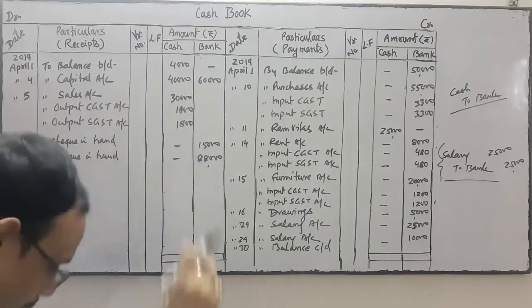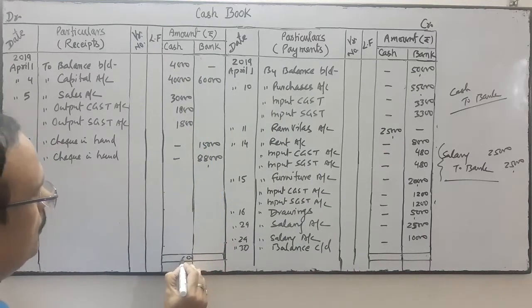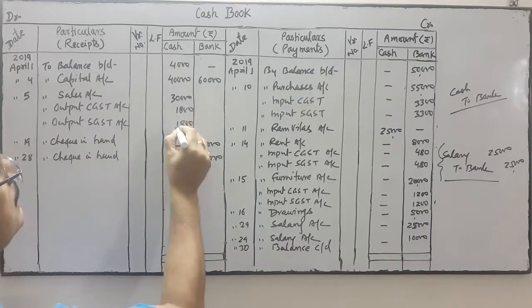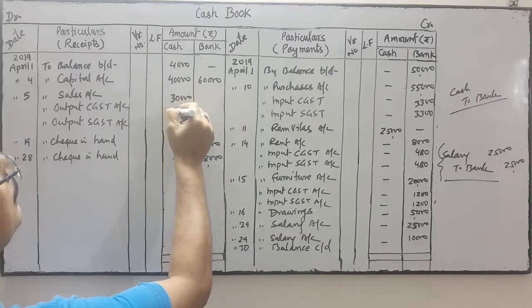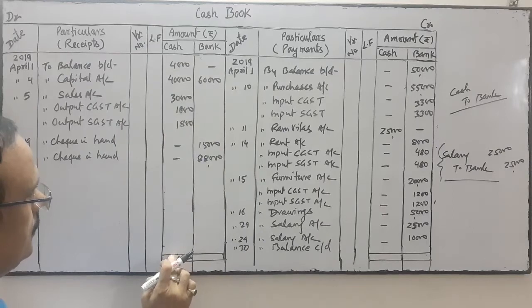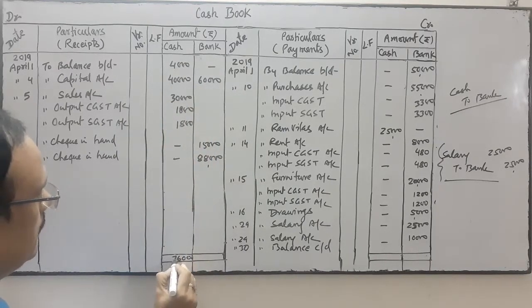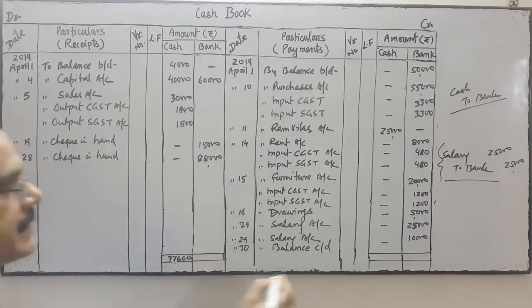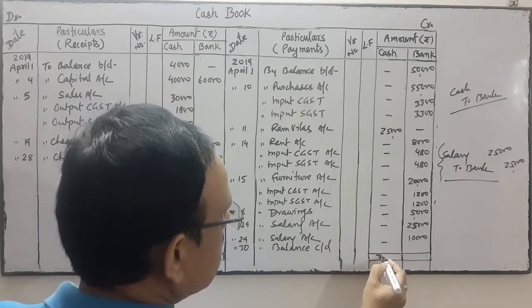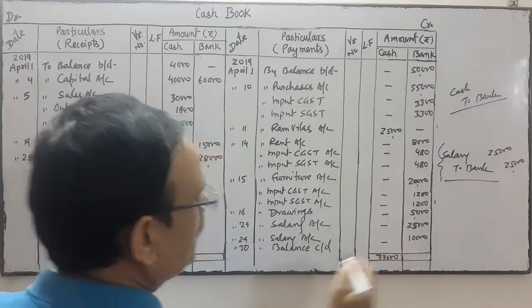Now we'll do the total of cash first. This side total is 77,600. The difference amount we will put over here.